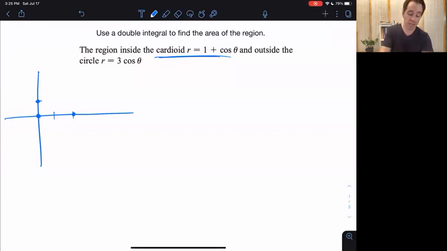And now we can start to get a sense for the behavior of this thing. It will never have an r that is larger than 2. So the wrong way to start drawing this would be to start going like that, because this means that r goes from smaller values to larger values as theta increases from 0 through the positive first quadrant. And that's wrong. It's not going to do that.